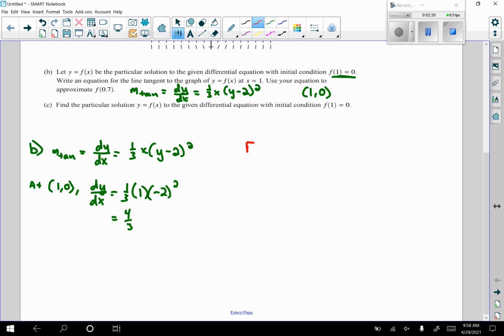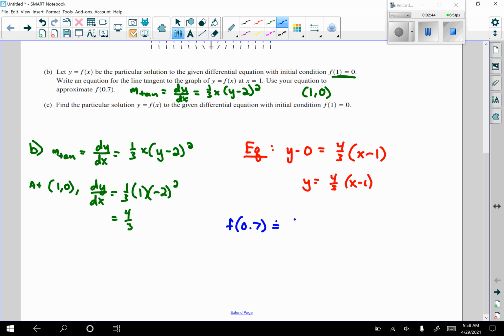So now we write our equation. I'm just going to use point slope form, so we would have y minus y1 is equal to our slope, 4/3, times x minus x1. So we could just say y is going to equal 4/3 times the quantity x minus 1. And then we want to approximate f of 0.7.